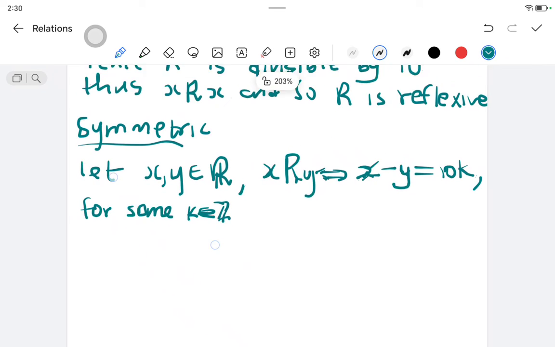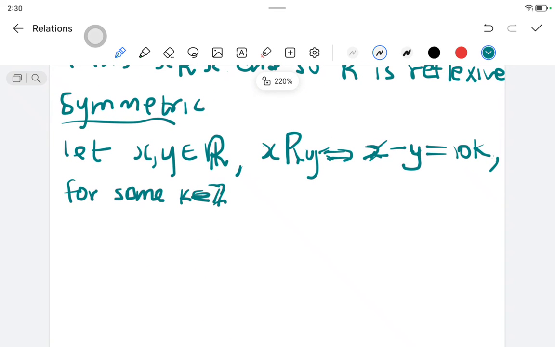Now we want to apply commutativity to check whether y is also related to x.